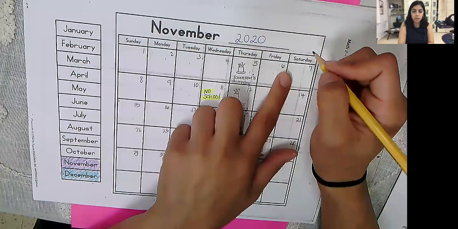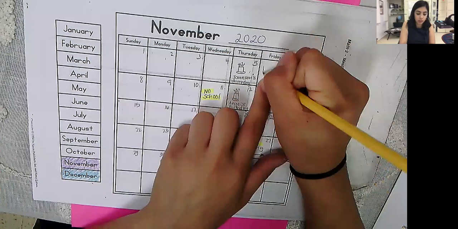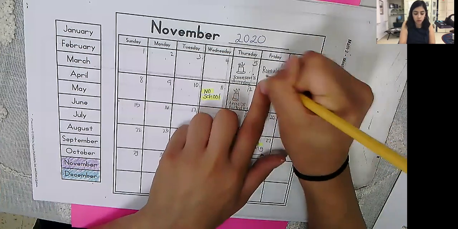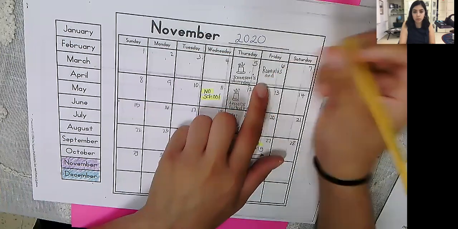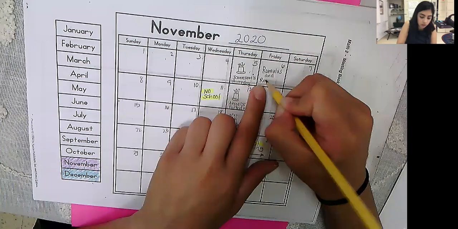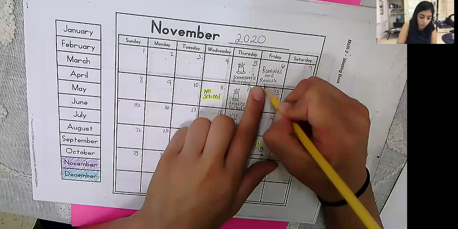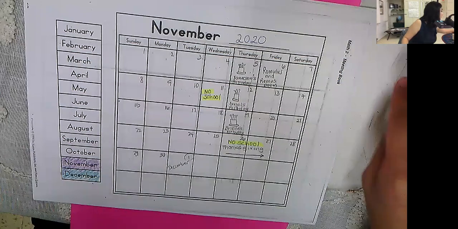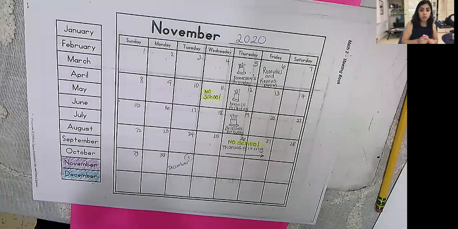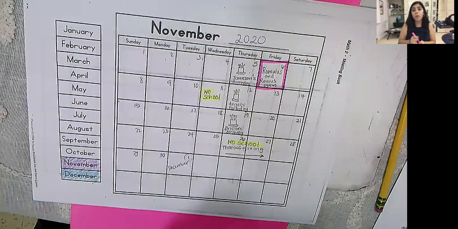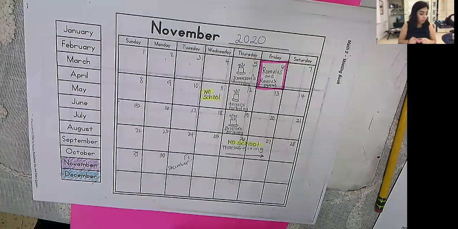But let's go ahead and put Romulus and Remus. Make sure you're writing small because small boxes. Poem. That's when your test is. And I'm gonna go like this, because it's an important day and I need to remember it.